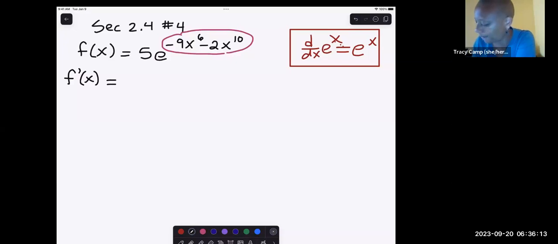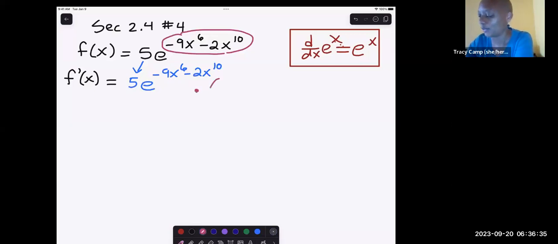So we have a constant, just bring it along. So we have 5e to all this stuff. And then you're like, oh, but that's all this stuff. It's not just e to the x. And so the chain rule is like, okay, you got to keep going because I don't just have an e to the x there. I have e to all this other stuff.